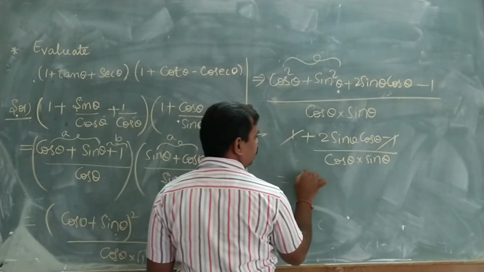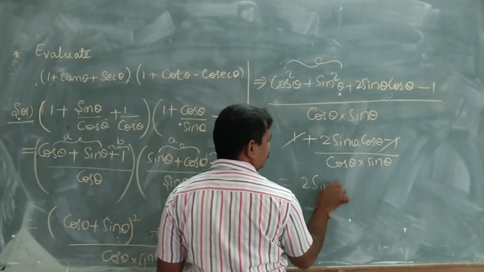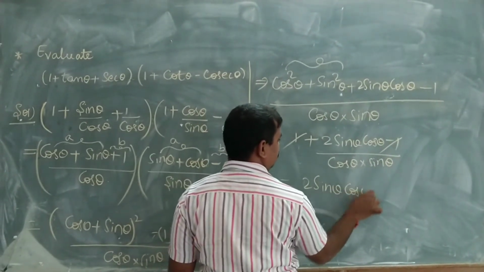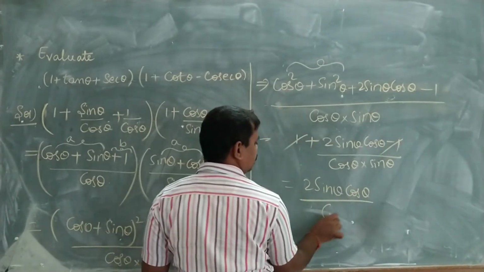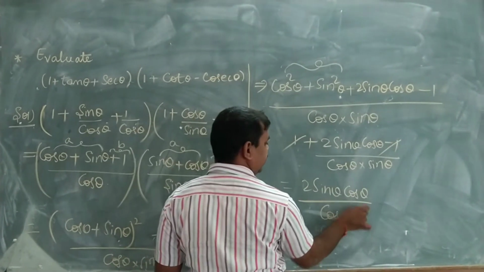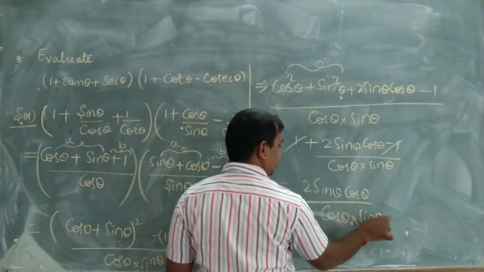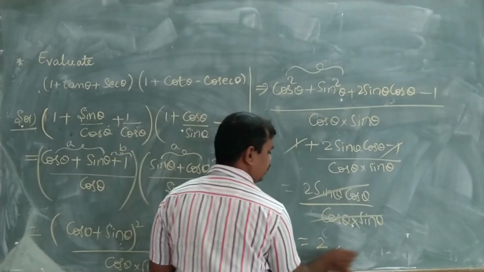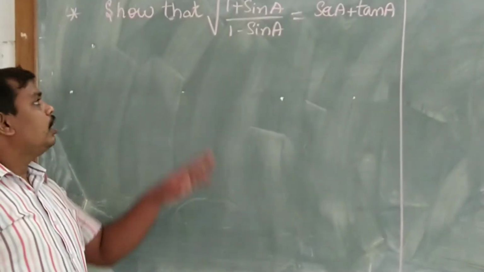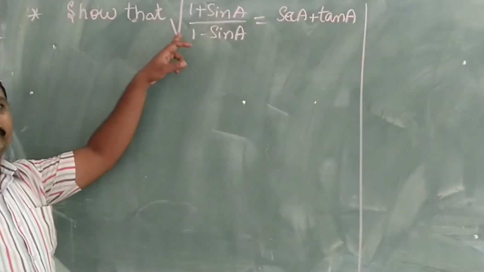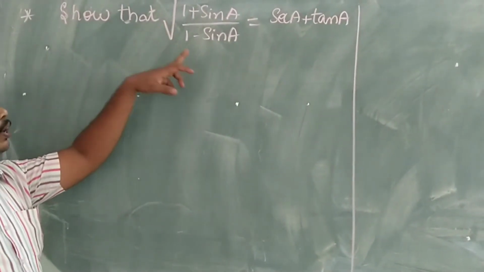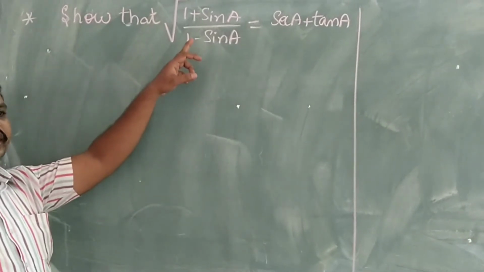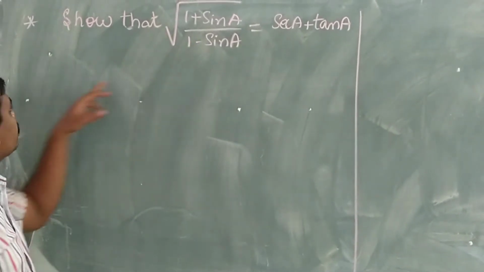We remain with 2 sin θ cos θ by cos θ into sin θ. Sin θ cos θ will get cancelled. We remain with 2.